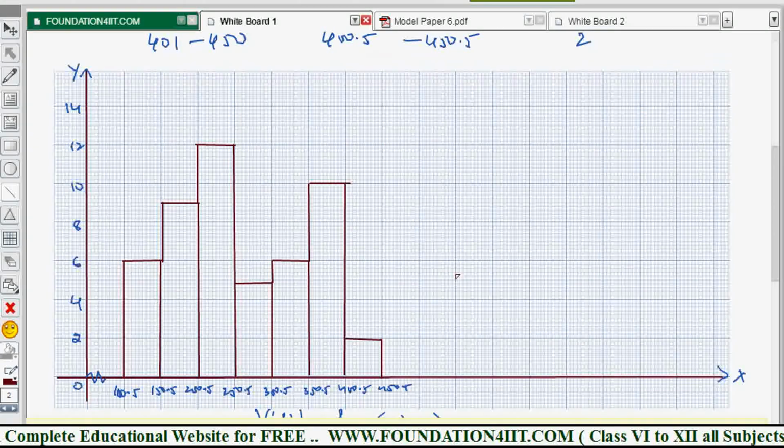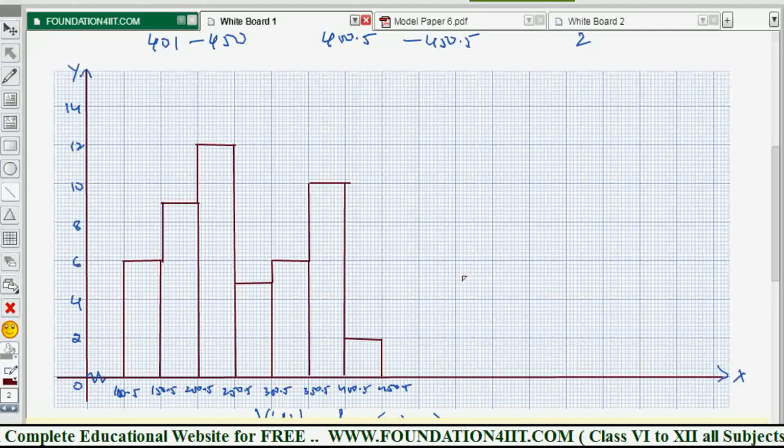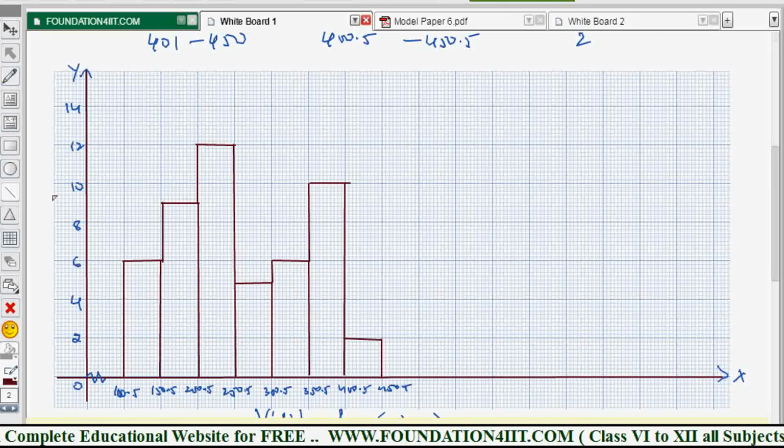Now from this we should find out the mode. So to find out the mode, you can see the highest bar. So if you observe, highest bar is this. Okay, that is 200.5 to 250.5. Now for this, you should draw the straight lines.